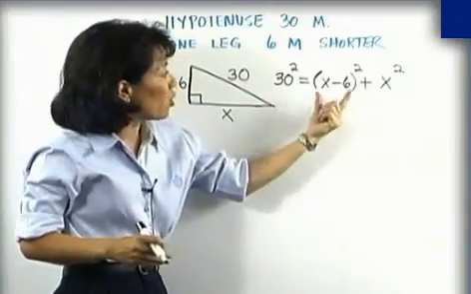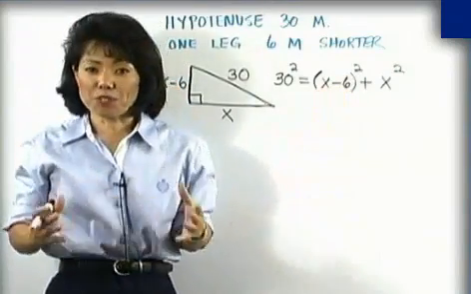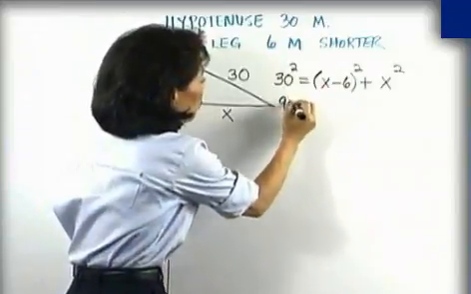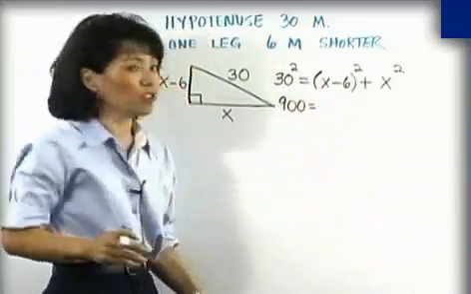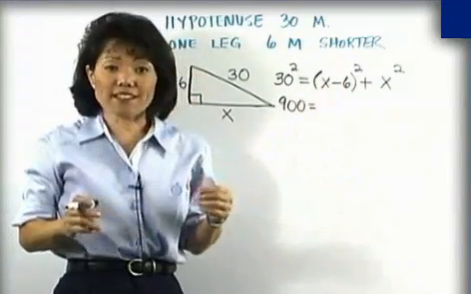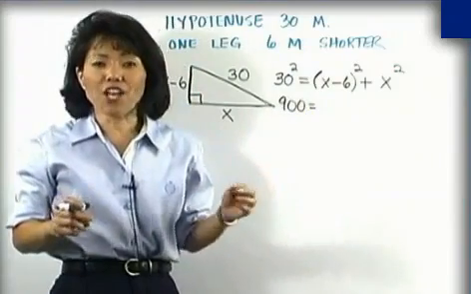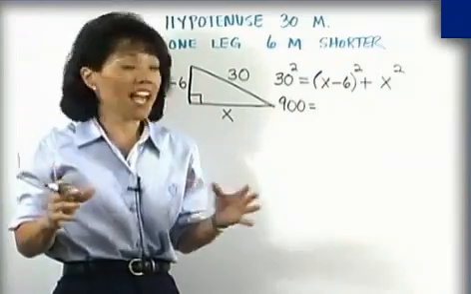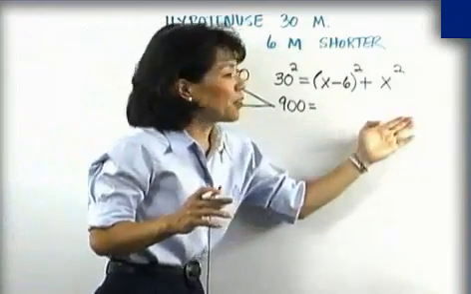Since I see this binomial being squared, we're going to have to multiply that out. So this gives me 30 squared, or 900, is equal to, now remember, what this represents is (x minus 6) times (x minus 6). Hopefully you practice this enough so that you can FOIL in your head and write the results right here.